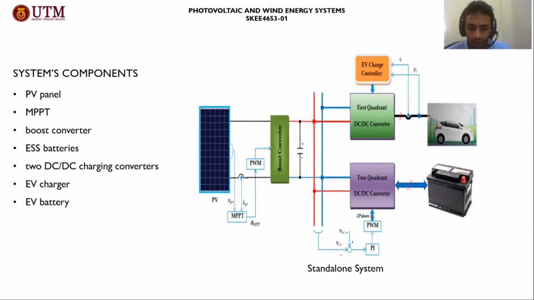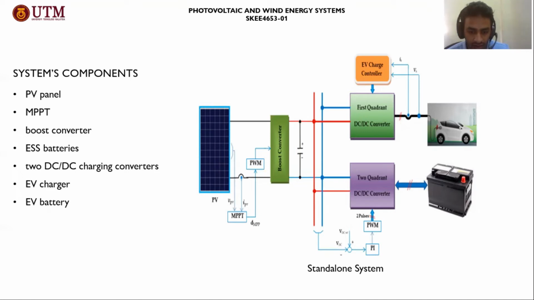Therefore, we use the ESS batteries, which are usually used to compensate for the problem of energy intermittence. So the output terminals of the PV are connected to the boost converter here. Its function is to match the PV voltage level to that of the DC bus and helps utilize the maximum power point tracking.